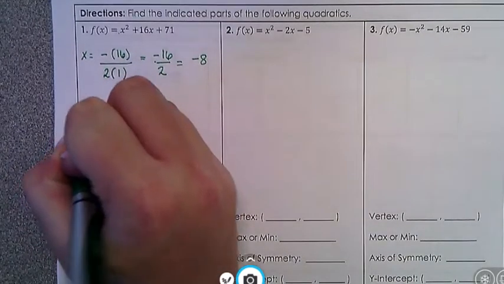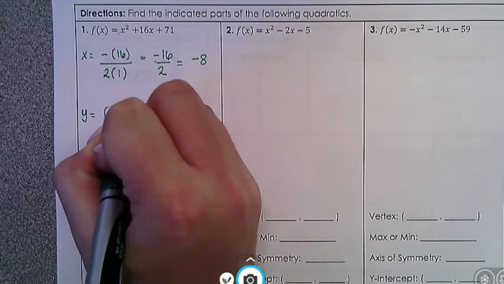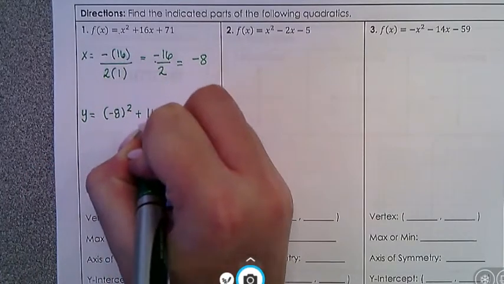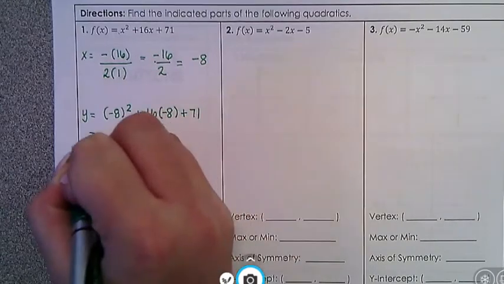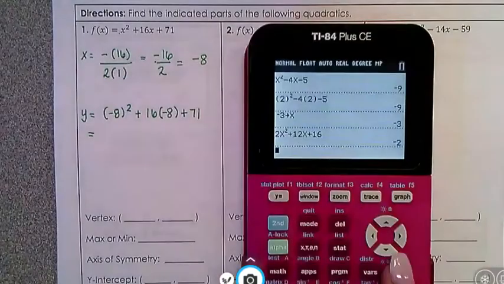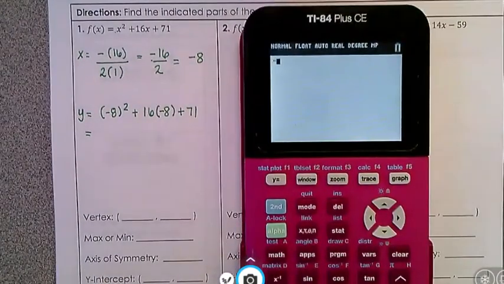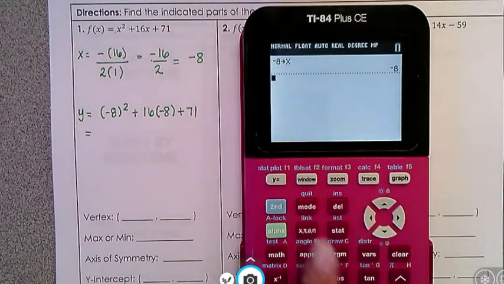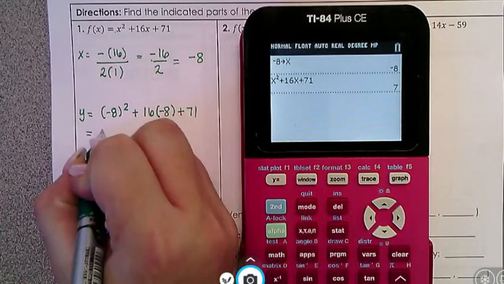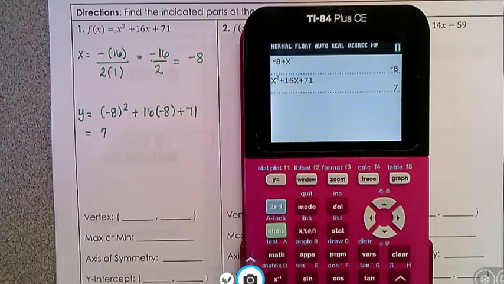And so then the y is negative 8 squared plus 16 times negative 8 plus 71. So I'm going to plug this in, and you should get 7.